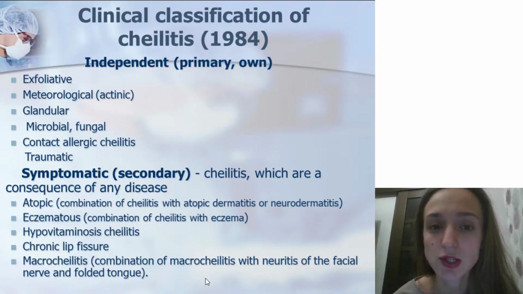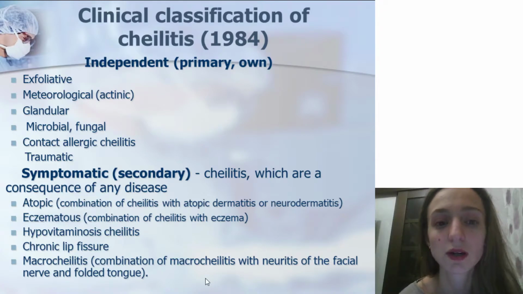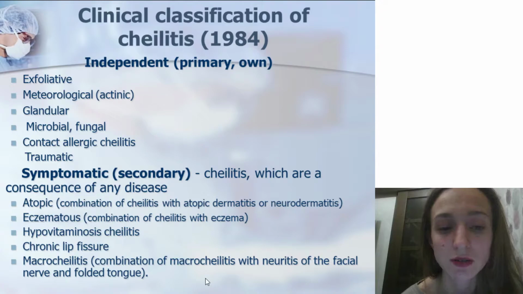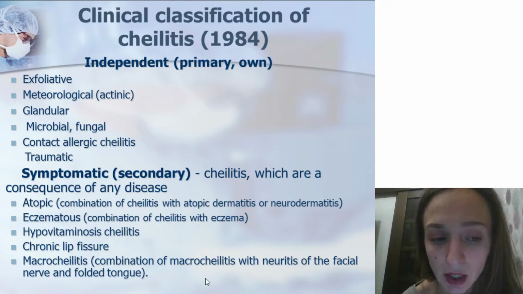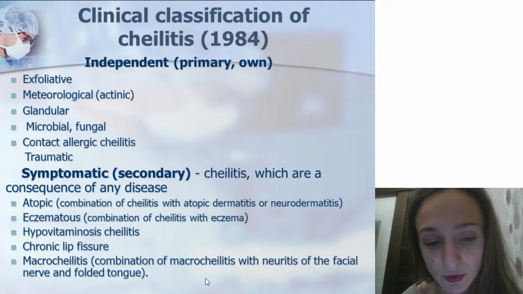And clinical classification of cheilitis, you should know about independent cheilitis: exfoliative, meteorological, glandular, microbial, fungal, contact allergic cheilitis, and traumatic. And symptomatic or secondary group of cheilitis, which are a consequence of any disease: atopic, eczematous, hypovitaminosis cheilitis, chronic lip fissure, and macrocheilitis.